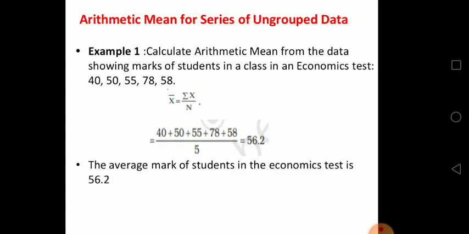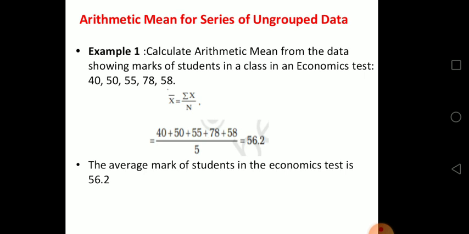Okay, we're going to take example 1. Calculate the arithmetic mean from the data showing marks of students in a class in an economics test. Here are the observations: 40, 50, 55, 78, and 58.